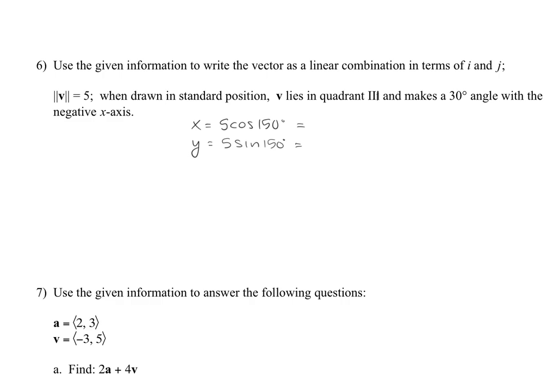So this is going to be 5 times negative root 3 over 2. This is going to be 5 times 1/2. So as a linear combination, it's going to be negative 5 root 3 over 2 i plus 5/2 j.